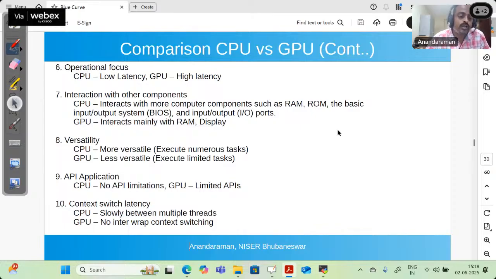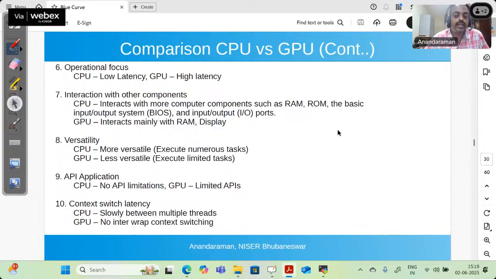Latency should be low. For MPI programs, the CPU will perform very well. For matrix things, the GPU will perform very well. If your application depends on more MPI, then the CPU will give more performance. If it is based on matrices, then the GPU will give more performance.